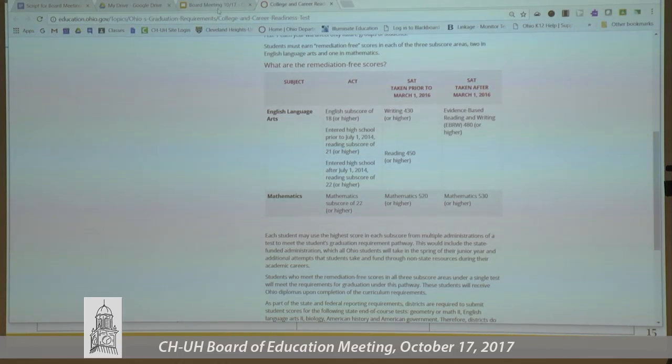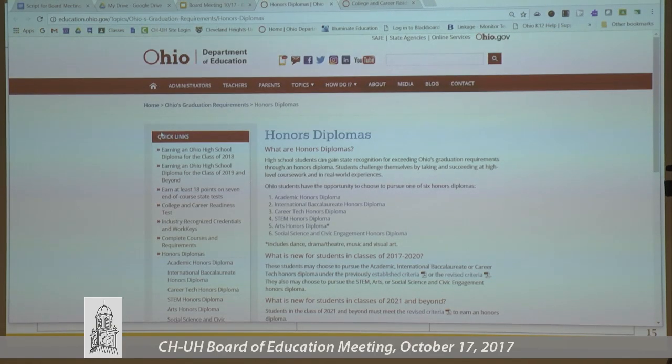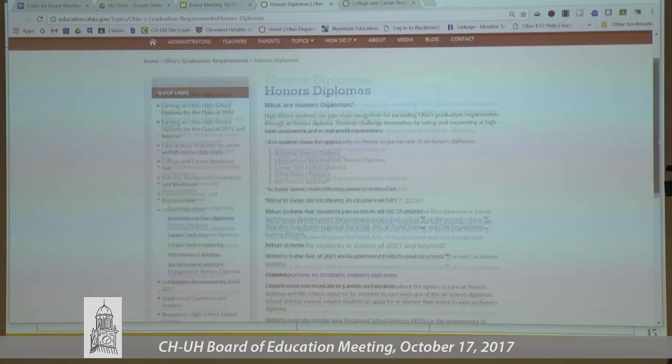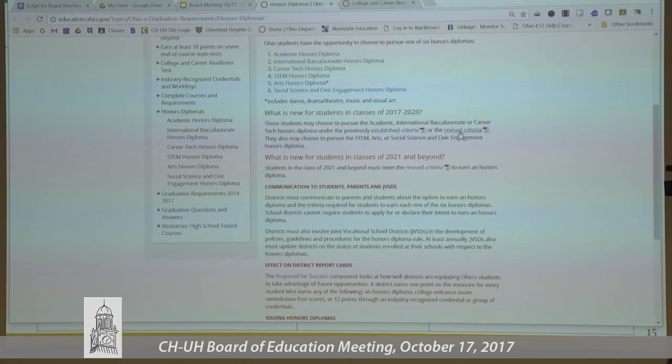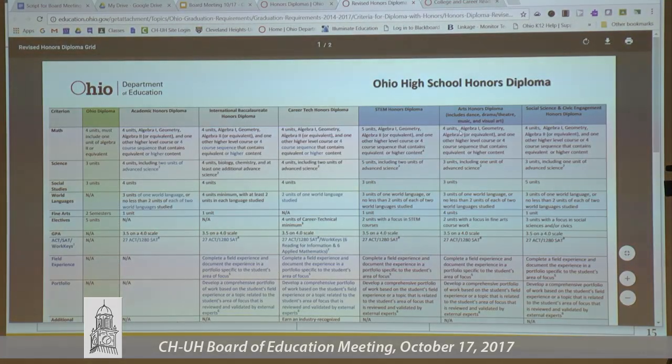Or where we were here with the honors diploma, it takes you right to the Department of Education site where we can see the 6 different categories, 6 different types of diplomas. The information that I was just sharing about the specifics within each one, so the revised criteria, you can see the chart there.